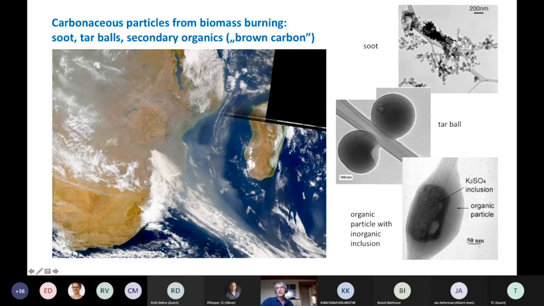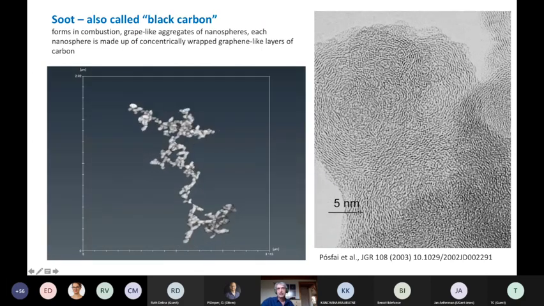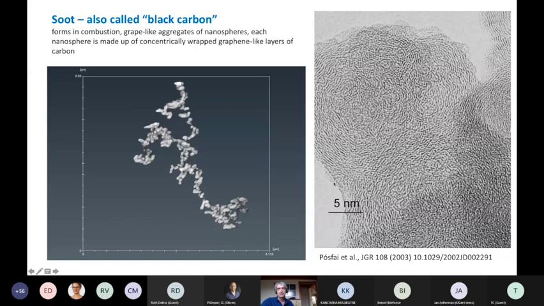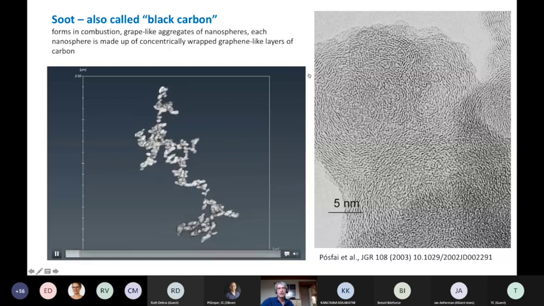And there are different types of carbonaceous particles. First one is soot. Well, soot is very common. It's also called black carbon, because it's the most important absorbing particle in the atmosphere. And this is what comes out from the tailpipe of cars, or if you burn a fire or whatever.